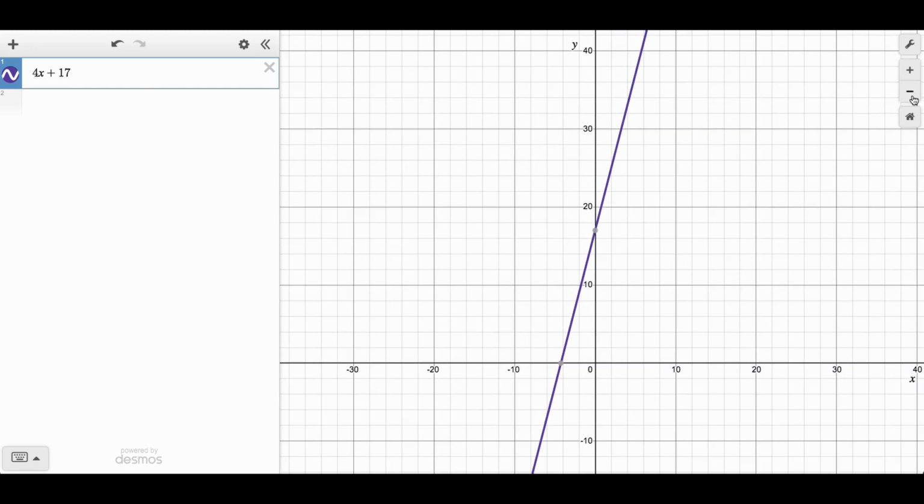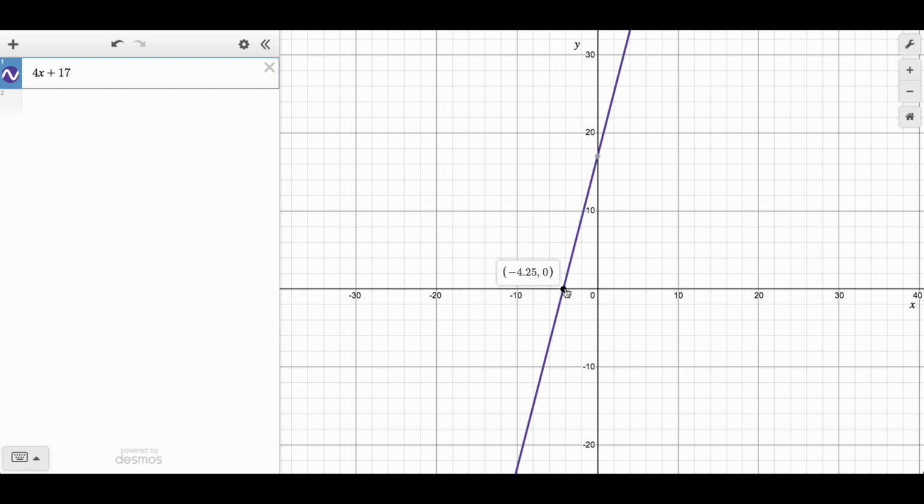And these are our x-intercept and our y-intercept. And our y-intercept is quite important, as it enables us to solve for many things, as we'll see later on.